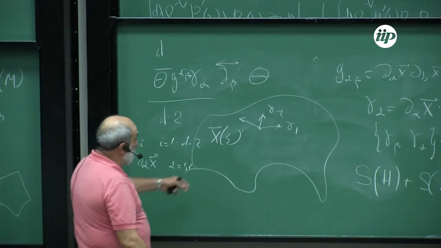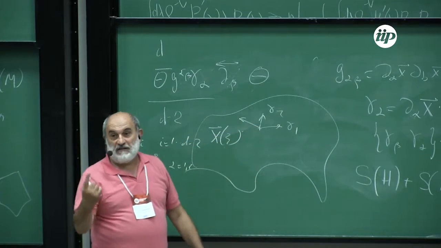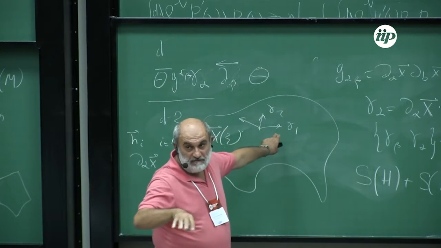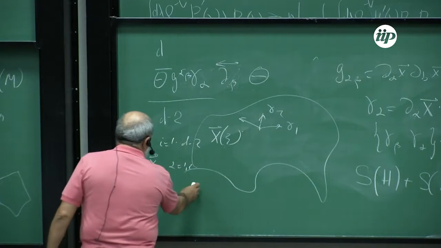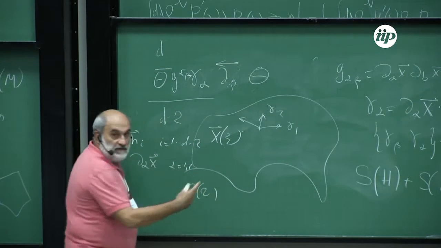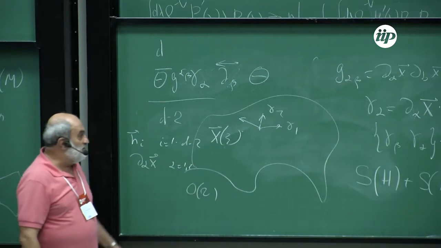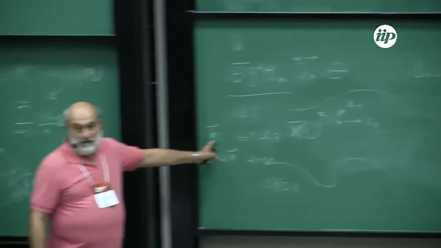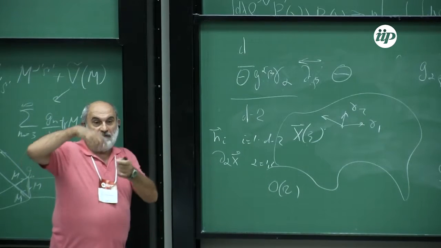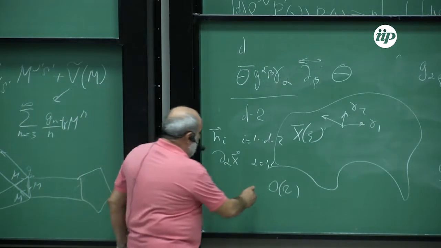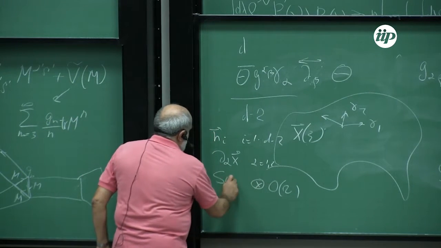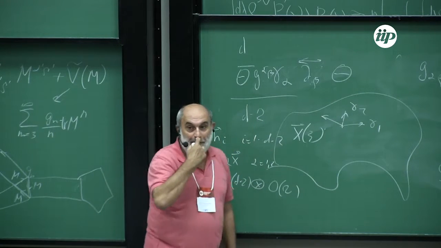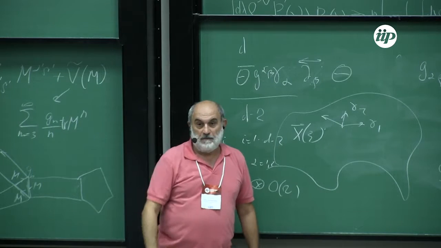So first of all, these tangent vectors are defined up to rotation inside the tangent space. So there is an O(2) rotation invariance in this definition. And besides, these normals can be defined up to arbitrary SO(d minus 2) rotation in the space of the normal complement to the surface.